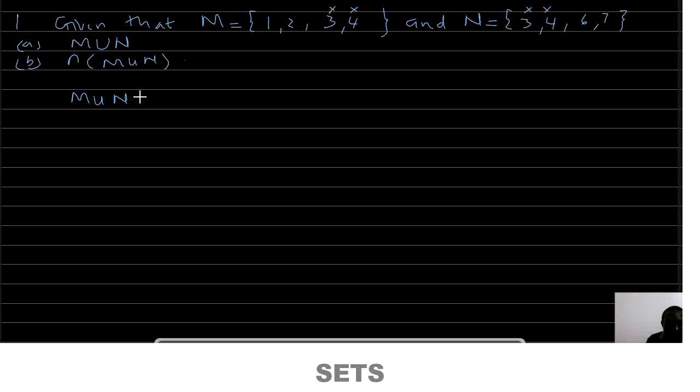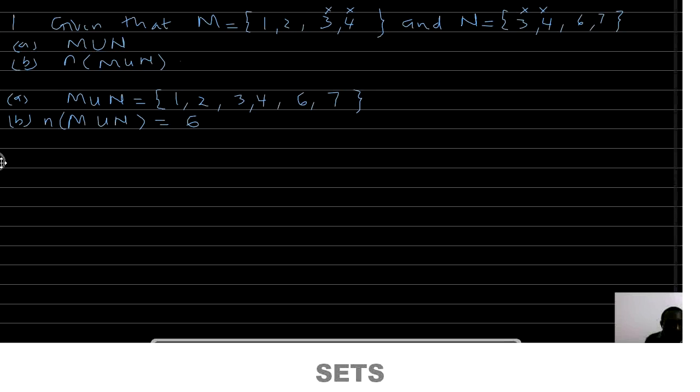M union N therefore becomes 1, 2, 3, 4. 3 and 4 are also in these other sets, so we can't write them twice. Jump to these other elements. So part A is done. We are required to find the number of elements in the union. We count 1, 2, 3, 4, 5, 6. So we have 6 elements in the union of the two sets.